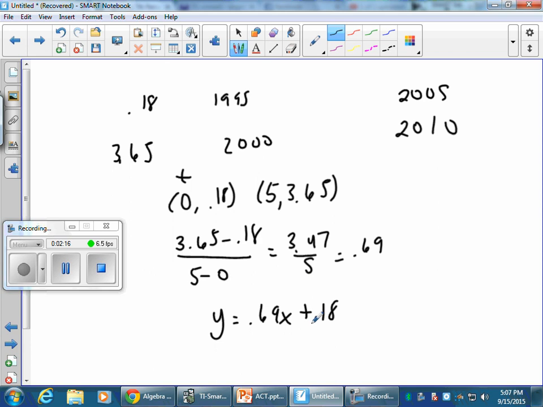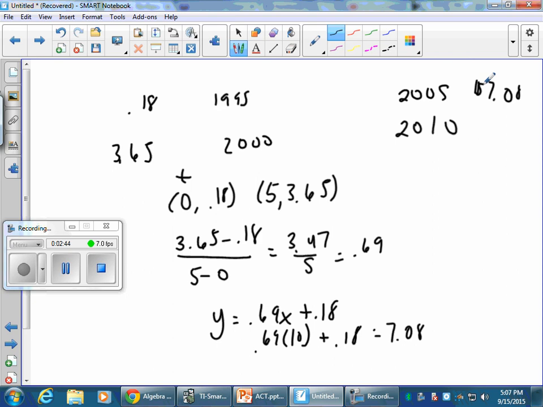So that's the equation. So if year 0 is 1995, year 5 is 2000, then I need to find 2005, which would be year 10. So I'm going to do 0.69 times 10 plus 0.18. That gives me $7.08 for 2005.